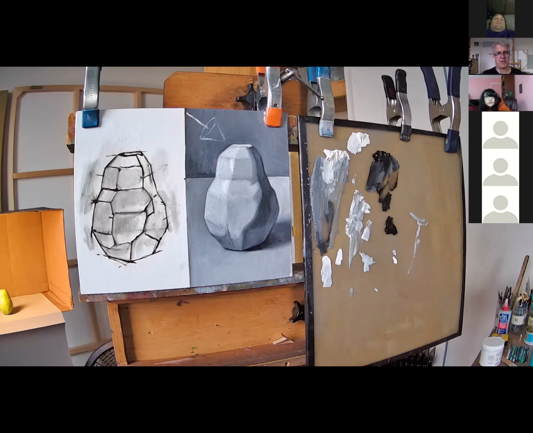So a painting split down the middle with the line drawing on one side and the blocked in planar study of a piece of fruit on the other. Okay, all right. And I'll add that assignment to Blackboard, okay?